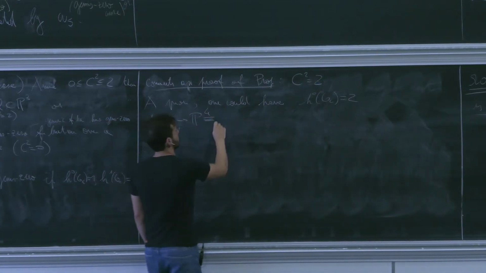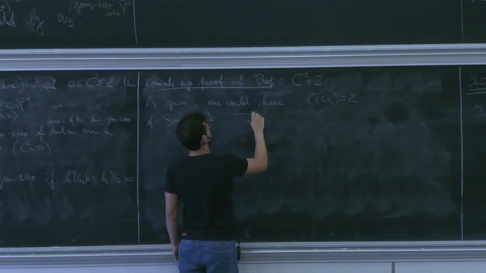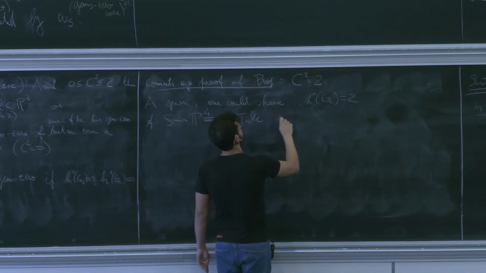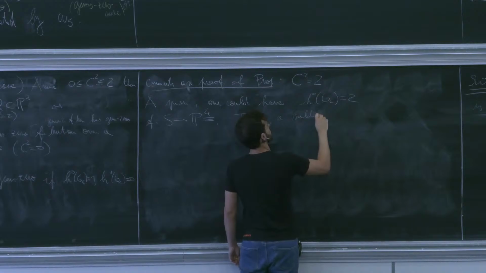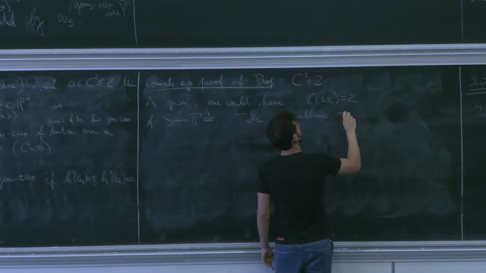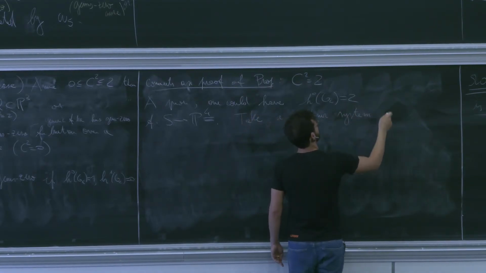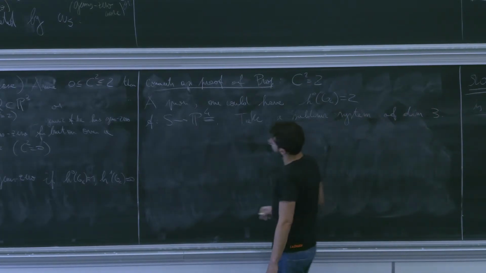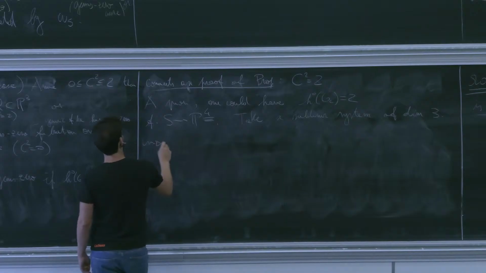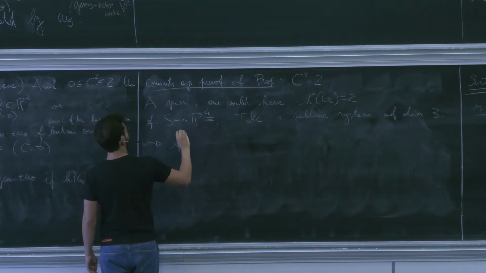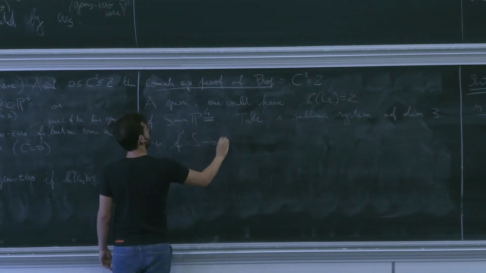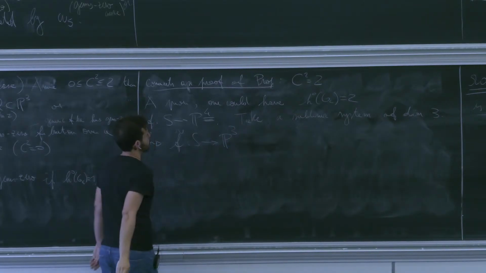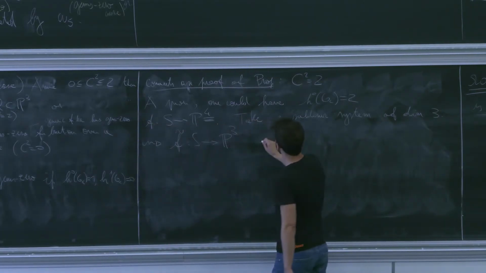You can take carefully a sublinear system of dimension 3. And so you get F twiddle from S to P3. And the image is a quadric.